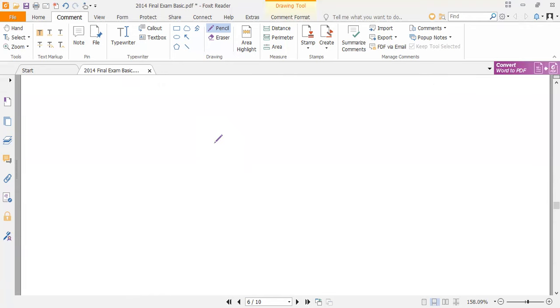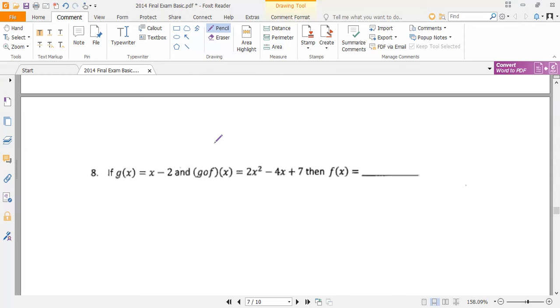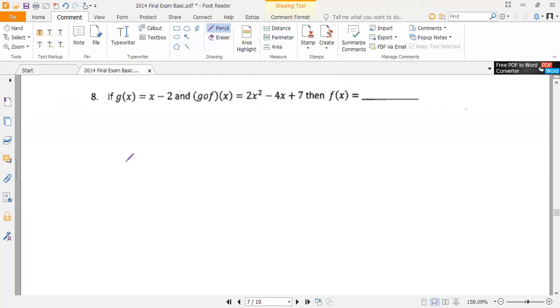And the next one: if g of x is equal to this one and g of f of x is this one, then what's f of x?